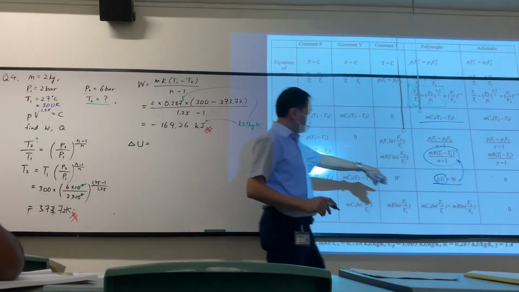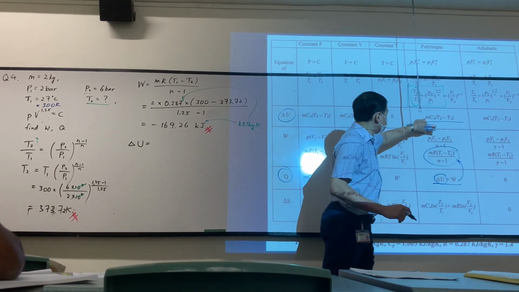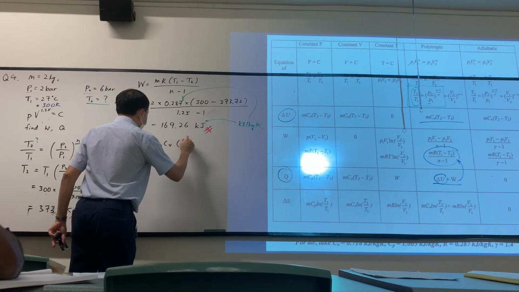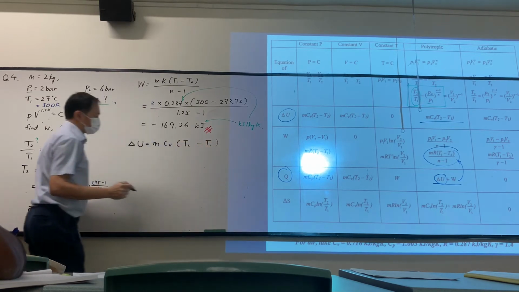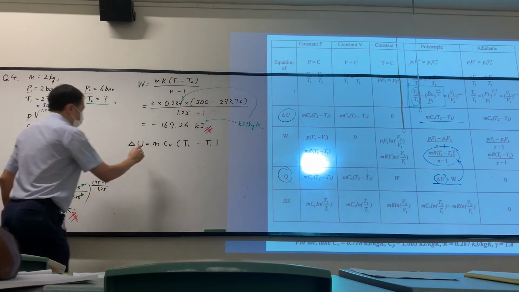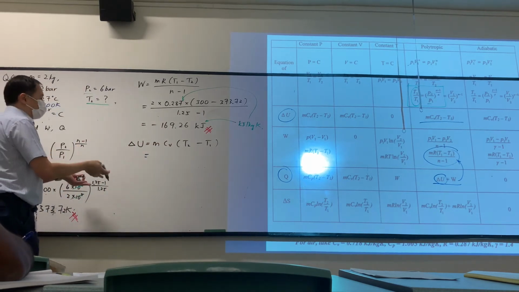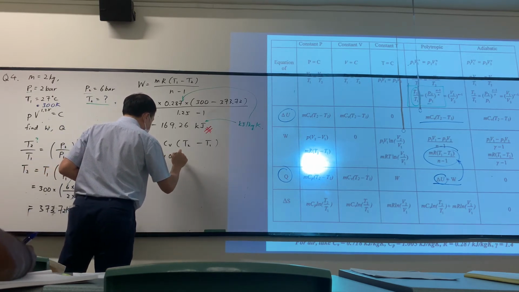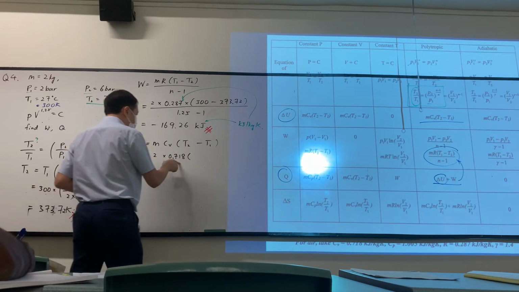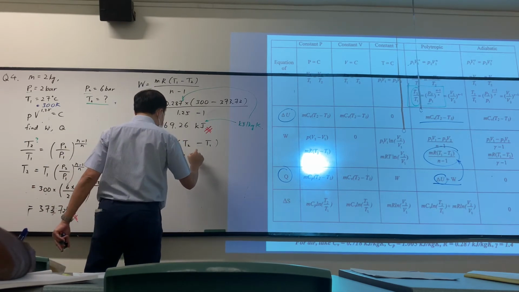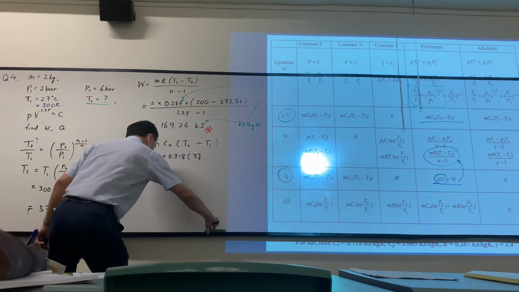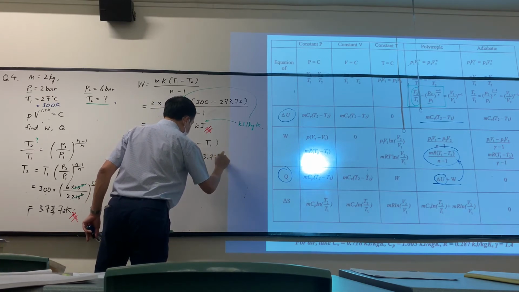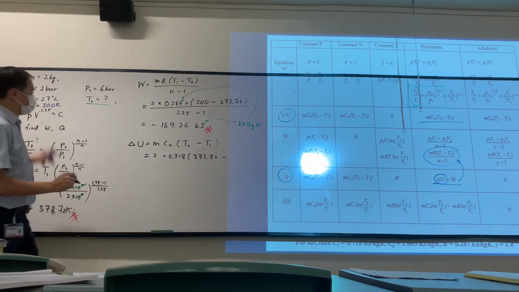Delta U is m Cv (T2 minus T1). Everything we already have, so just put in the numbers and calculate. m is 2 kg, Cv is 0.718, T2 is 373.72, minus T1 300.